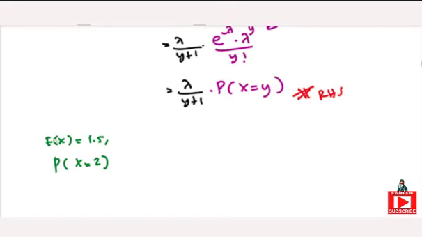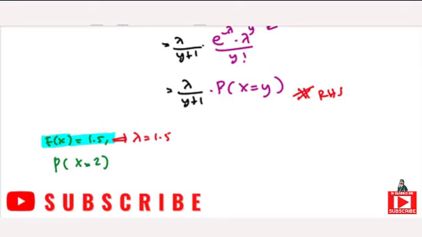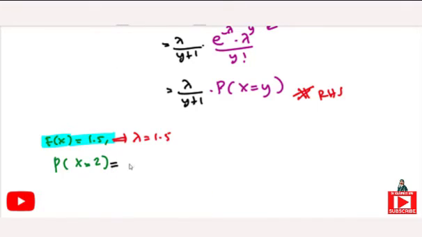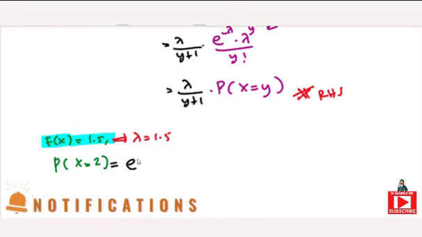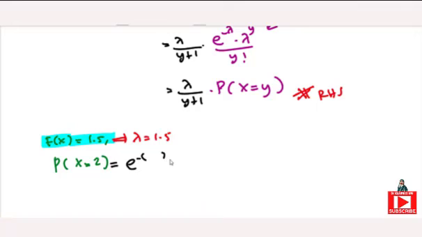So actually E(X) refers to lambda. Lambda is equal to 1.5. Using this, find the probability when x is equal to 2. So the formula, e power negative lambda, lambda power x over x factorial.